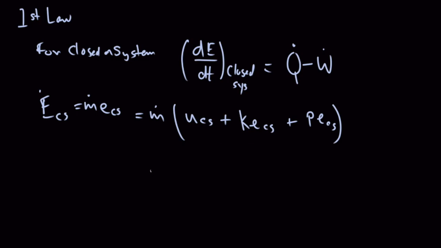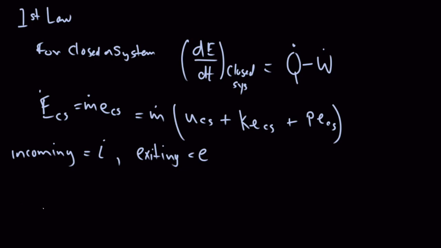It helps to use these little indices here. We're going to say i means incoming, and we're going to use the subscript e for exiting.